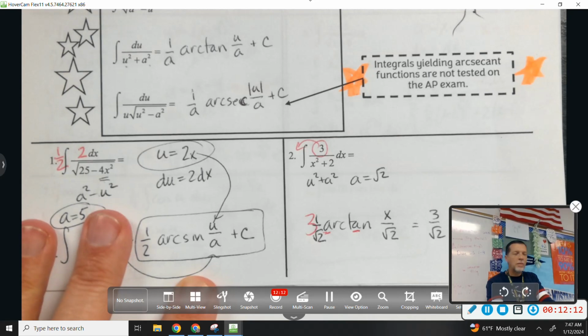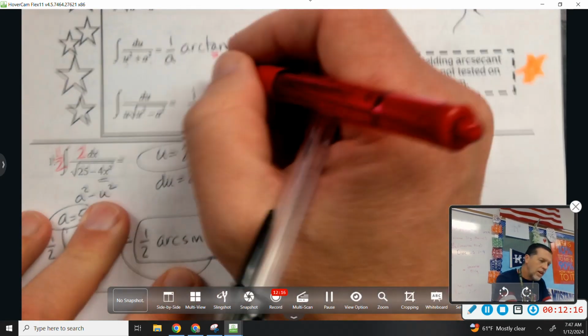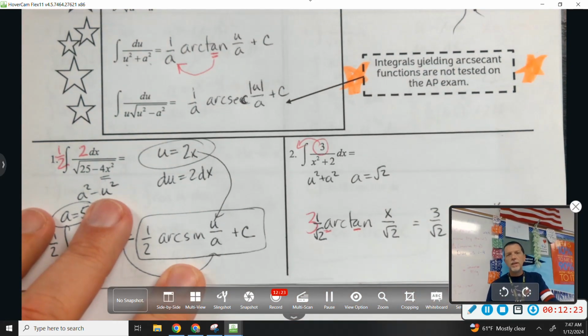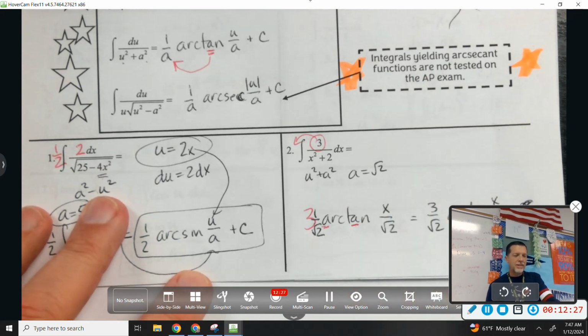Silly, but this is how I remember the arctan is the one that has an a in it. So that's the one that has an extra a out front. There's just a's everywhere for arctan. Secant does too, but we don't really worry about secant so much.